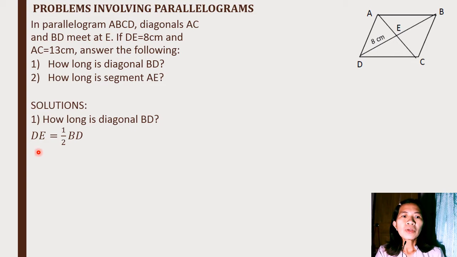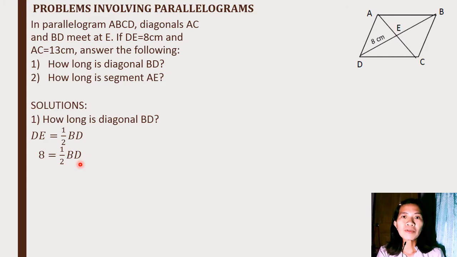So we have segment DE is equal to 1/2 of BD. If segment DE is 8 centimeters, then 8 equals 1/2 times BD.